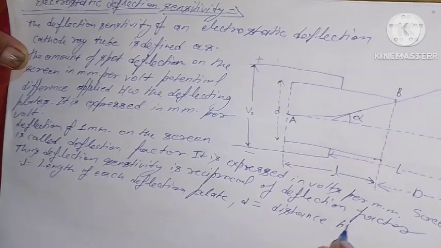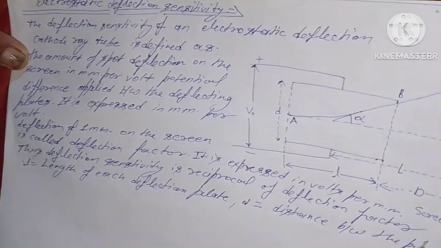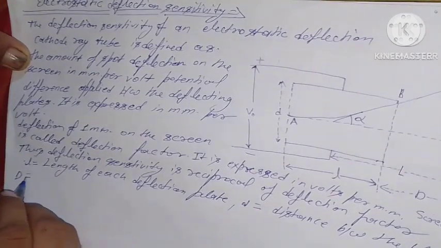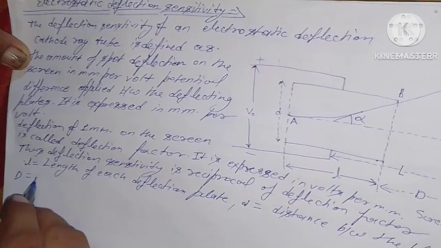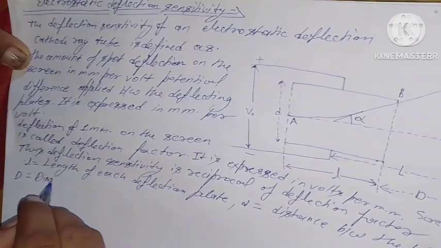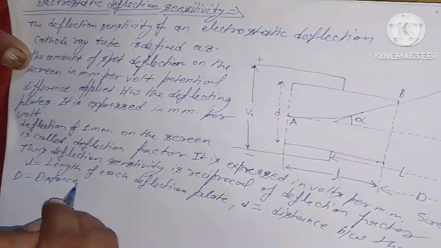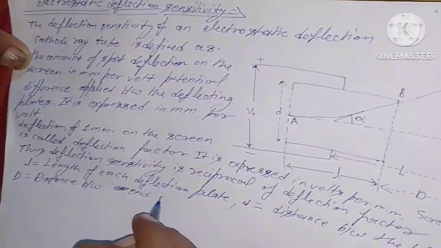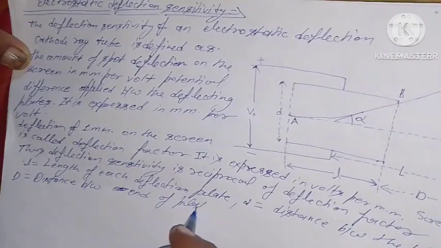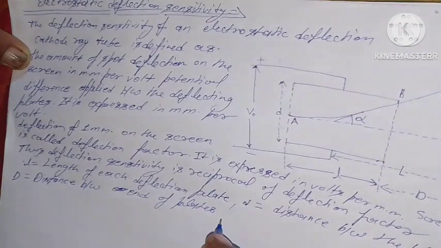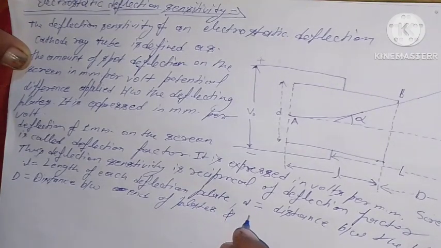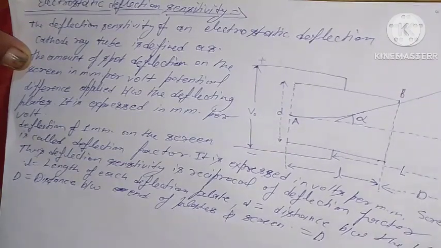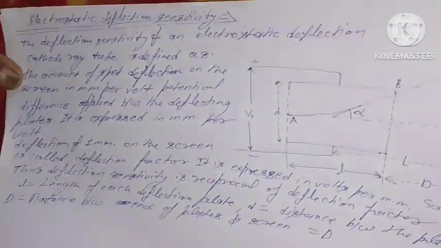And capital D is the distance between the end of the plates and the screen. That is capital D, okay.